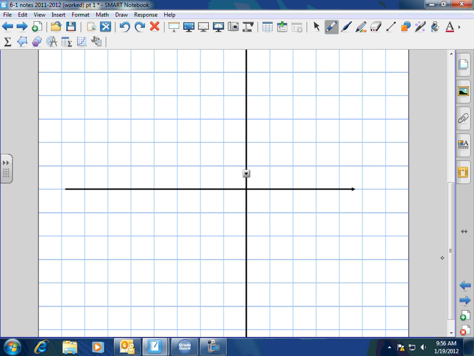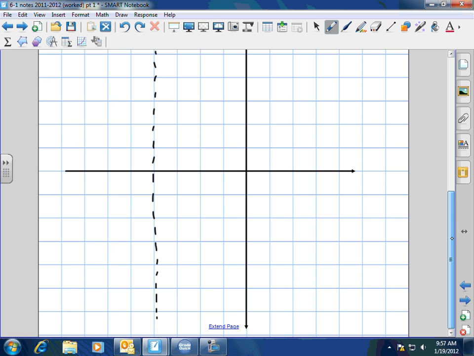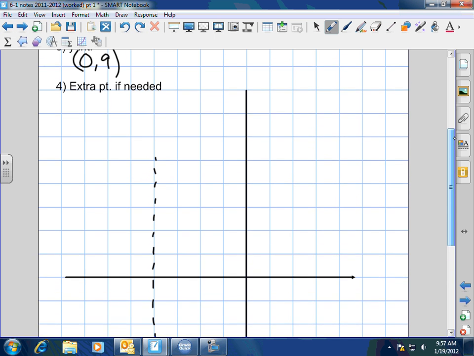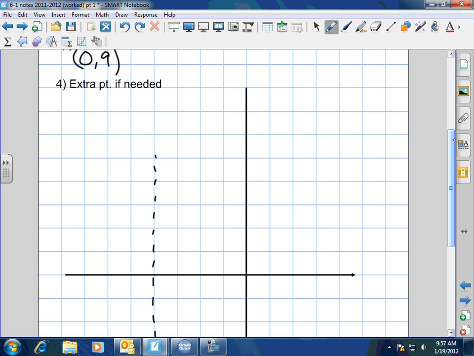Okay, so my axis of symmetry was negative 4, correct? 1, 2, 3, 4. My axis of symmetry is negative 4. And we've got 1, 2, 3, 4, 5, 6, 7. So that's my vertex. My y-intercept is 9. 5, 6, 7, 8, 9 up here. Now, isn't this 1, 2, 3, 4 to the right?